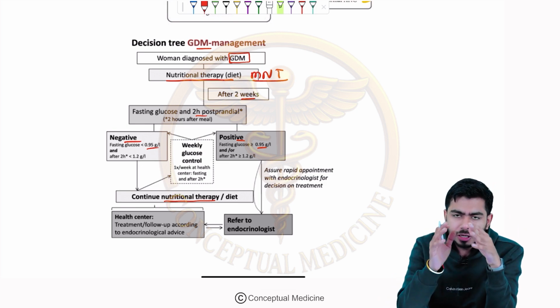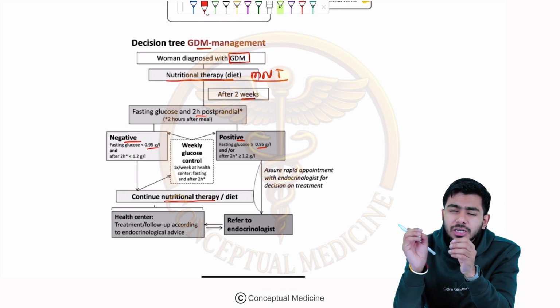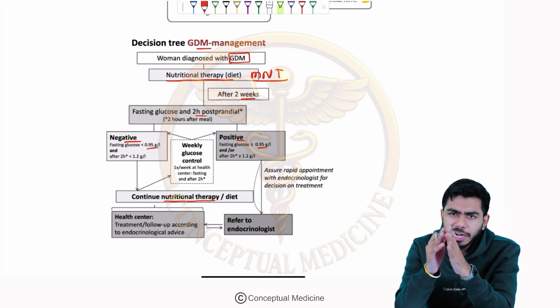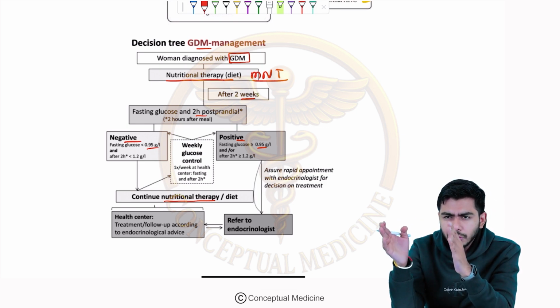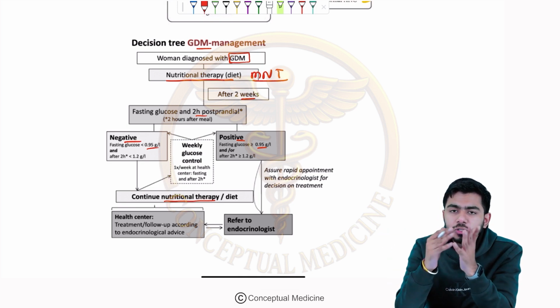Okay guys, once we are clear with that, in India, usually 10 to 11% of the pregnant females are having the gestational diabetes mellitus, right? And usually, out of those 10 to 11% of females, 1 to 2% might be needing the insulin as well.